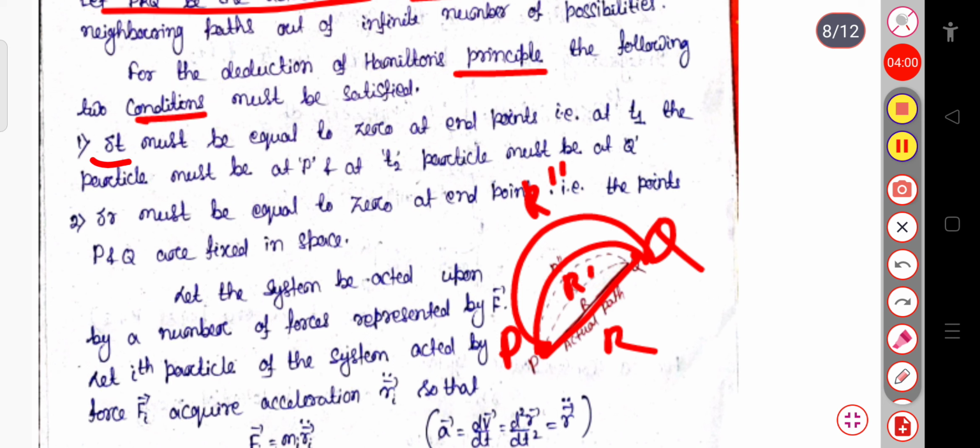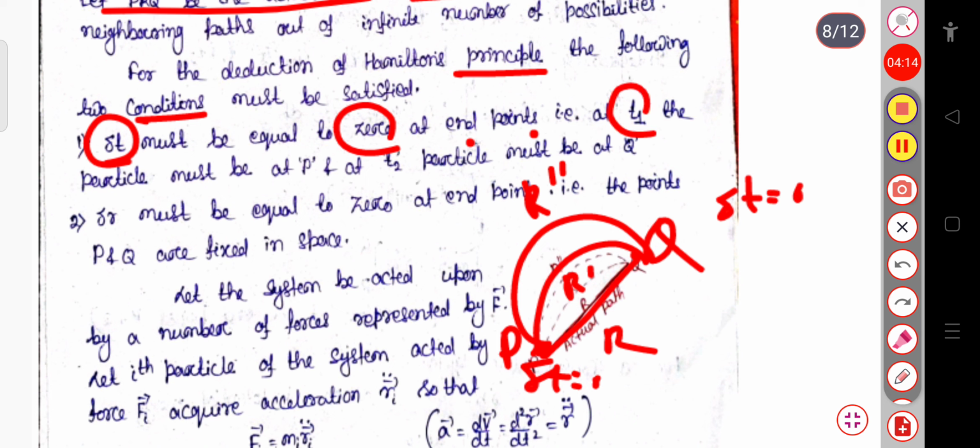First, delta t, the change in time, must be equal to 0 at the end points, that is at P delta t equal to 0 and at Q delta t equal to 0. That is, at t1 the particle must be at P and at t2 the particle must be at Q.